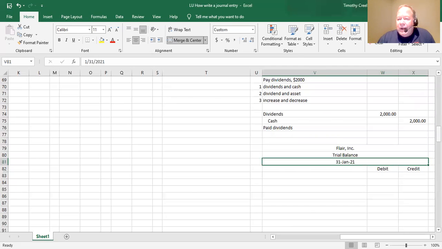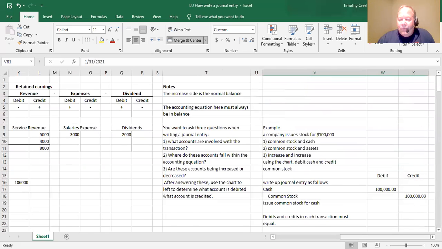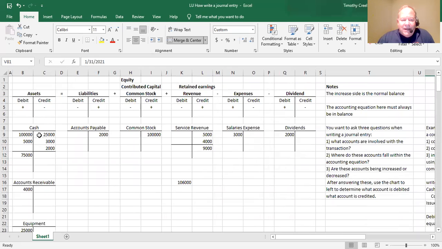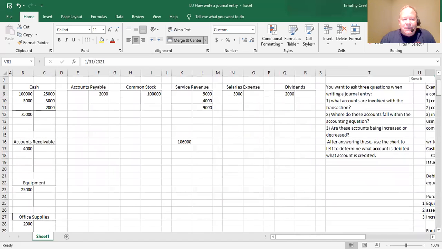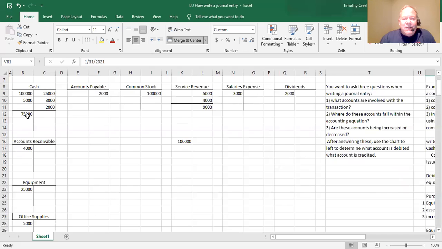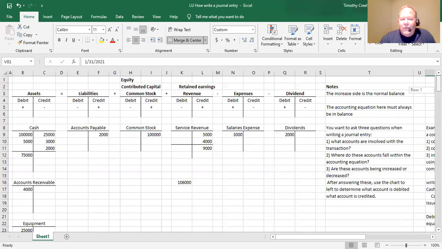Now, when you do a trial balance, you want to start up here with all of the balances in the assets, just work your way down, and then move your way across the accounting equation. If it has a debit balance, you list it in the debit column. If it has a credit balance, you list it in the credit column. One thing to notice here too, all of your accounts have the balance on their normal balance side.